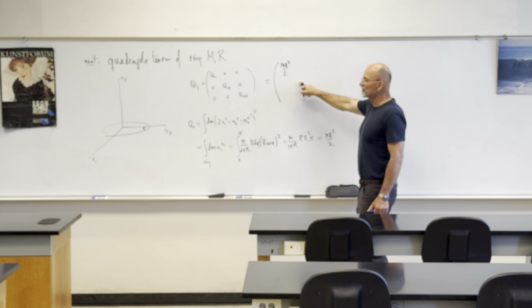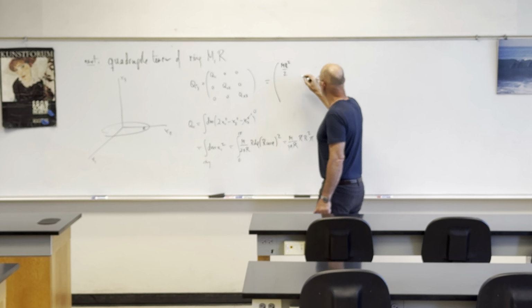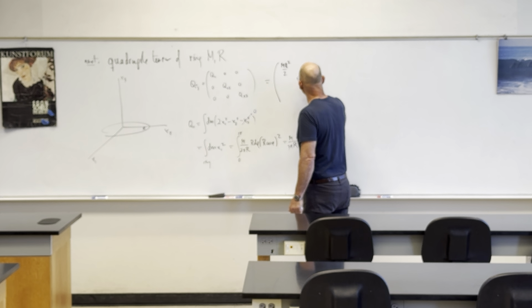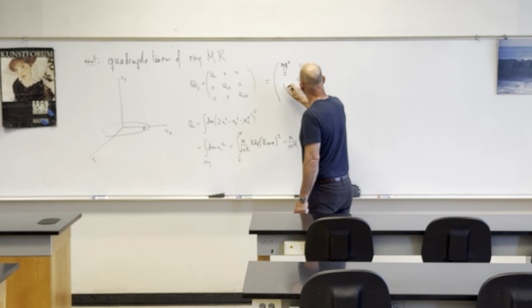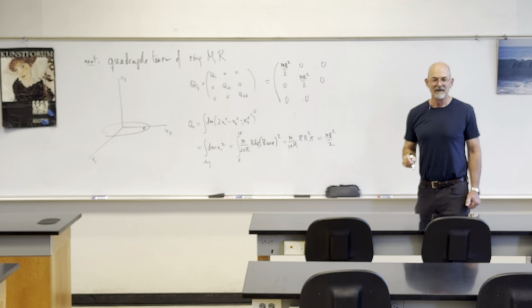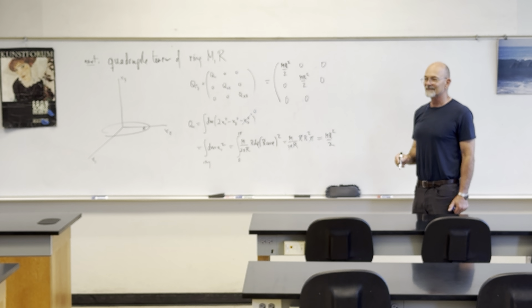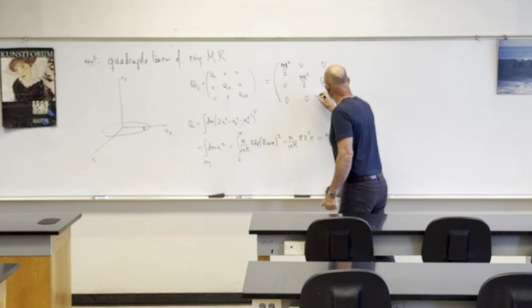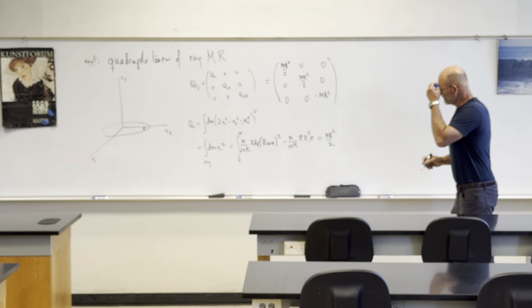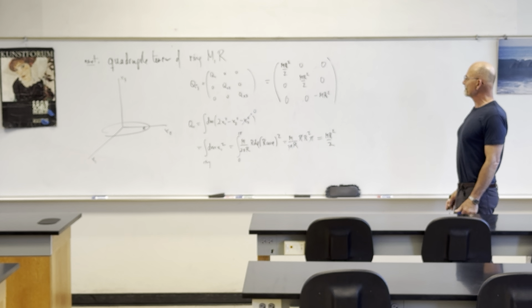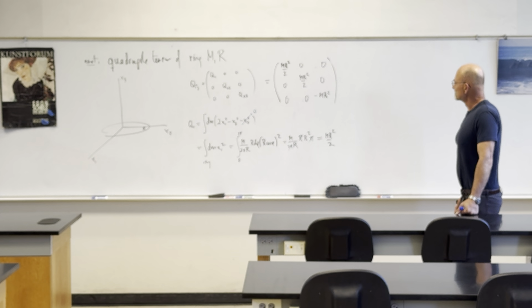Remember, we agreed that Q22 is going to be the same. So this one will also be MR squared over 2. And this last one, negative MR squared, thank you. Good. That's the quadrupole tensor for the ring.